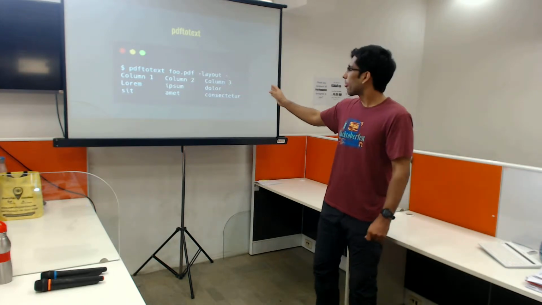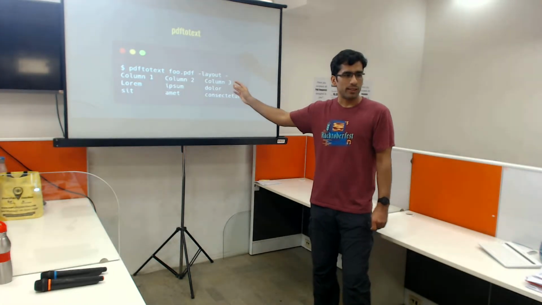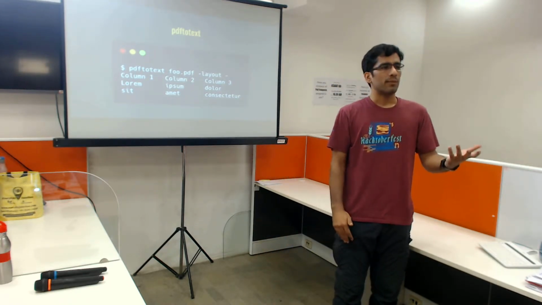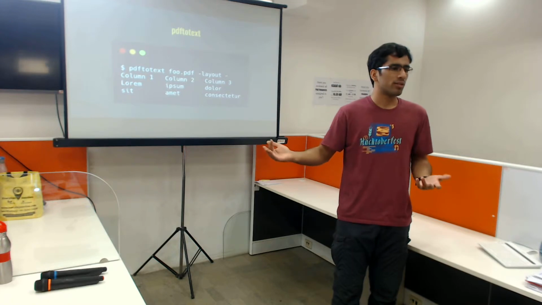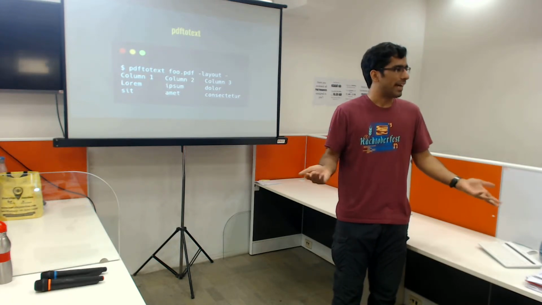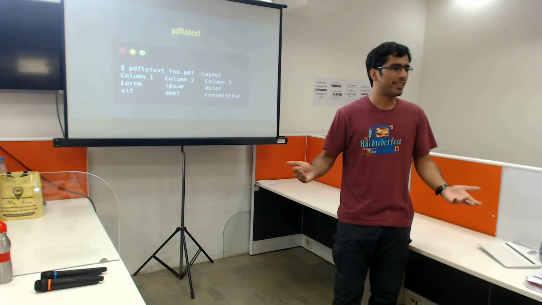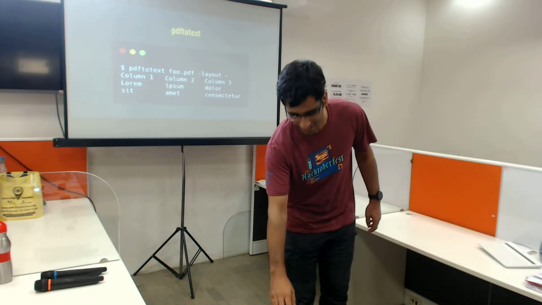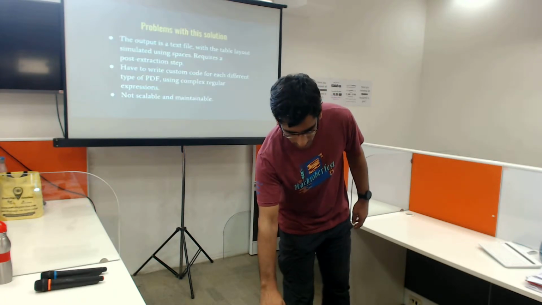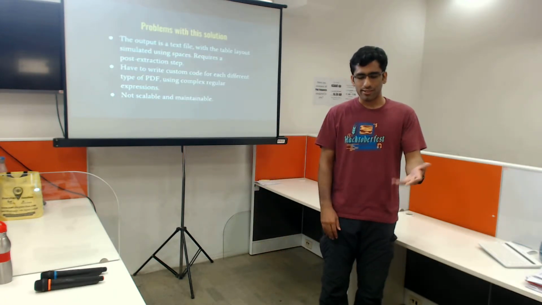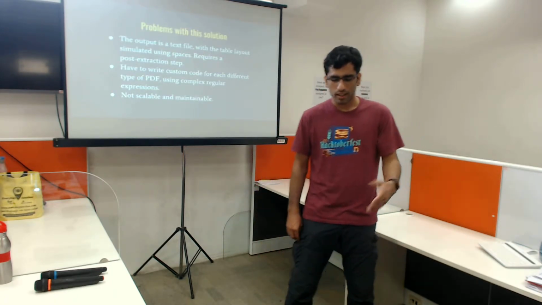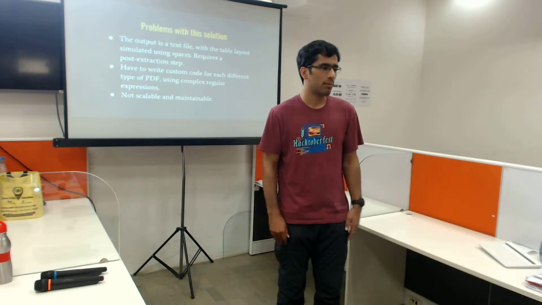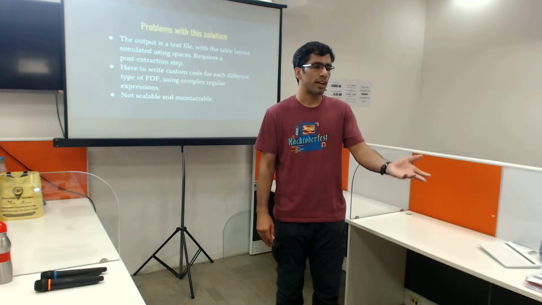It would preserve the layout using white spaces, and then you would have to write some custom code, basically split those words based on maybe tabs, or if you're feeling fancy, you could write fancy regular expressions to extract those words from each row. So the output is a text file, and basically the final scripts that you write are not scalable and maintainable because you're doing it for every new type of PDF table.